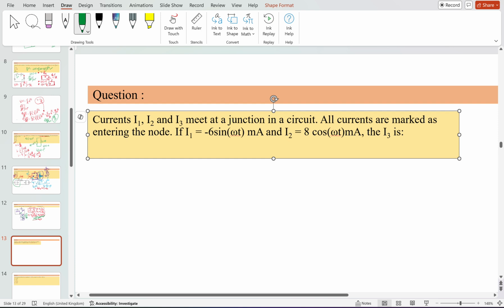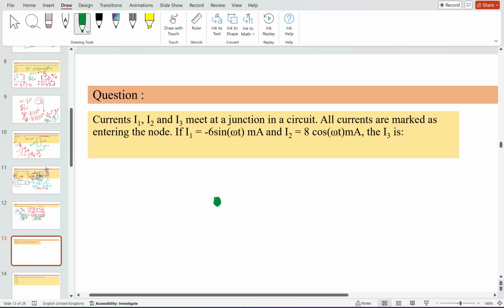So it means that there is one node. Node, when you say, it's only two elements, meaning greater than or equal to two elements. But a junction is more than two elements. Node can be two, but junction is more than two. So here three branches are there. Suppose this is I1, this is I2, and this is I3.